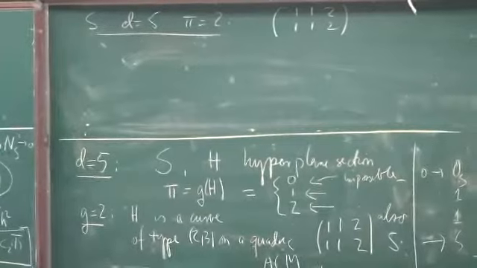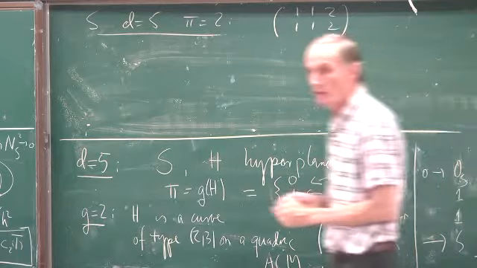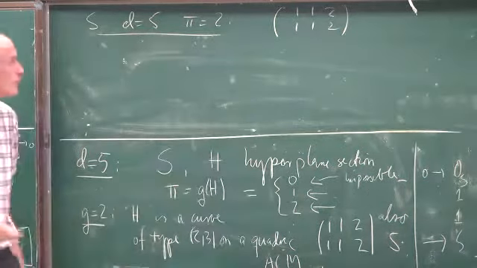So let me just from the equations tell you why it is rational. And then afterwards I will give you a linear system. Just from the equations, see why it's rational.